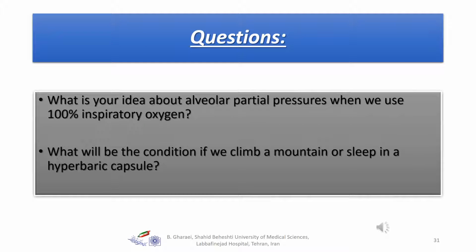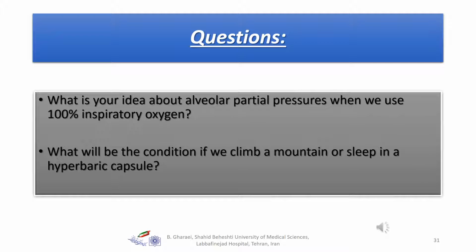Okay, and finally we have come to the final slide, which is self-assessment. You can design different scenarios and solve them for yourself. For instance, I have provided 2 examples, but I'm sure you can add some more yourself. In the first situation, what is your idea about alveolar partial pressures when we use 100% inspiratory oxygen?